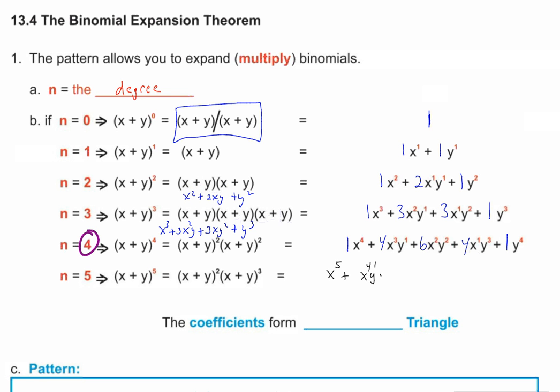And again, leave room for your coefficient. Then it's going to be x cubed y squared, right? And then it's going to be x squared y cubed. And then it's going to be x y to the 4th. And finally, outside is going to be y to the 5th.